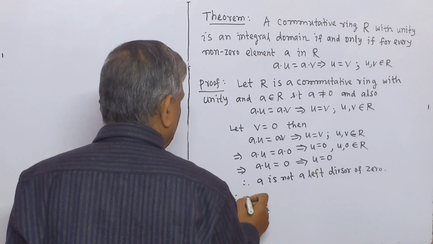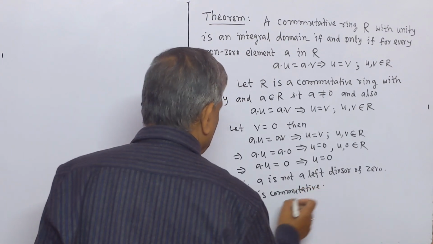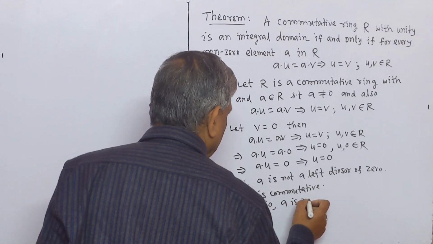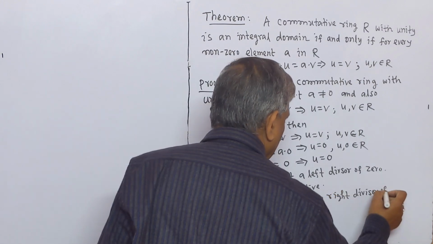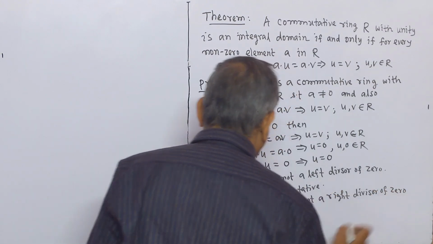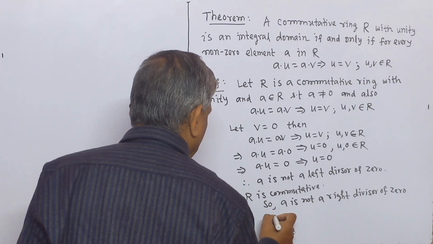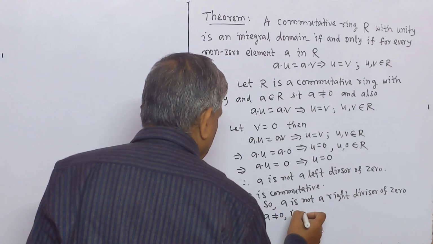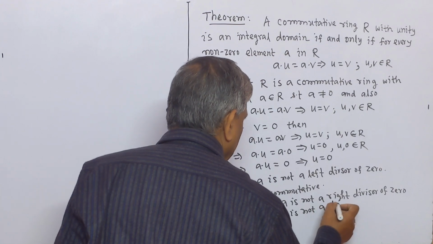Since R is commutative, so a is not a right divisor of 0. Therefore, a not equal to 0 is not a divisor of 0.